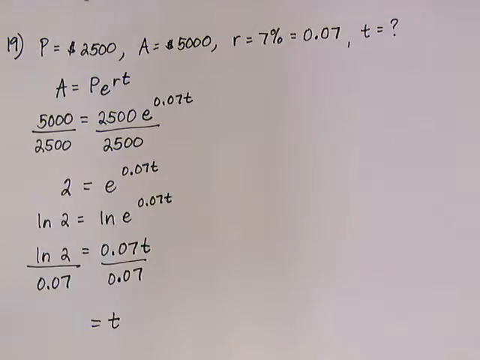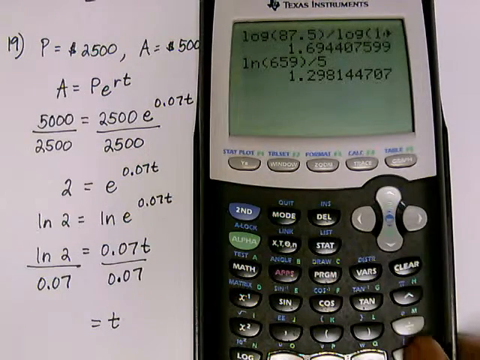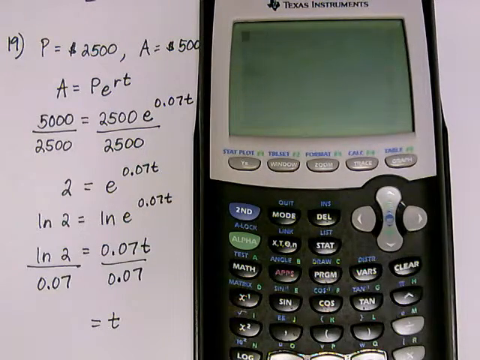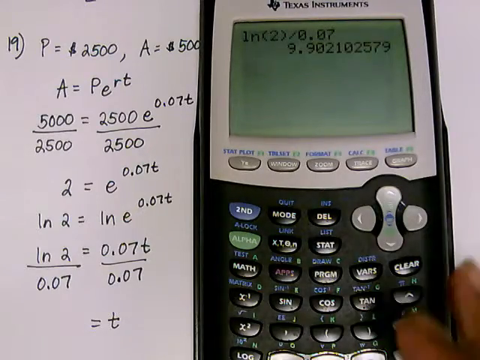So t will be this, using our graphing calculator. Press the ln key and then type in 2, close your parentheses around the 2 because you only want the ln of 2, and then that's divided by 0.07, and then hit equal. Now to one decimal place it will be 9.9.